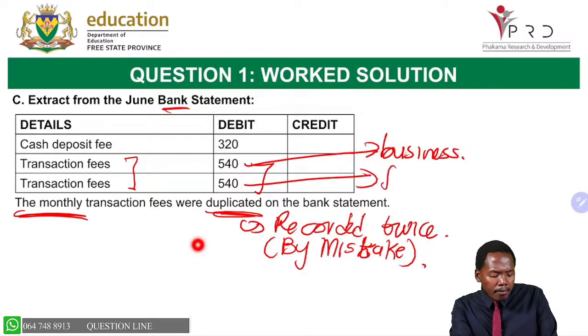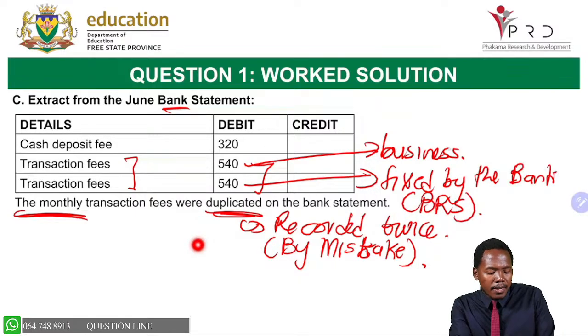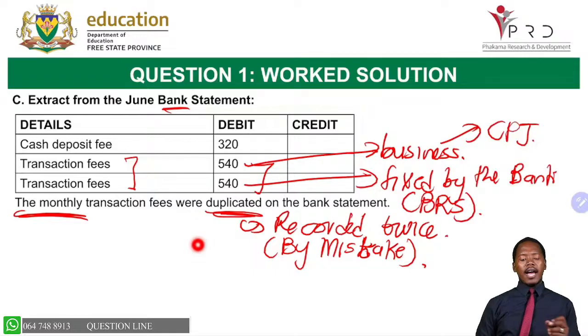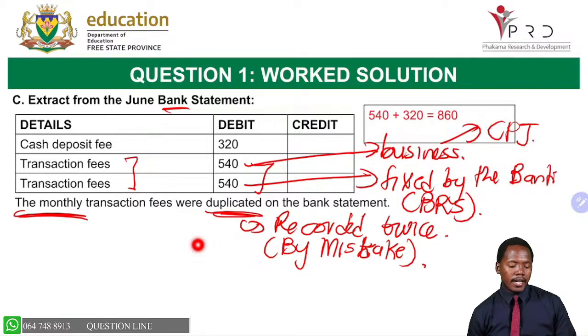The other one must be fixed by the bank. Meaning this should go to our bank reconciliation statement. This one should go to our CPJ. Meaning one 540 should go to our CPJ. Another 540 should be recorded in the BRS so that the bank can fix it because it doesn't belong to us.